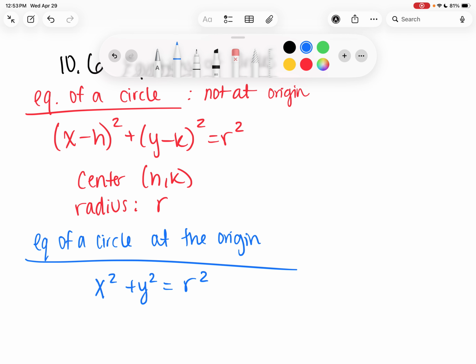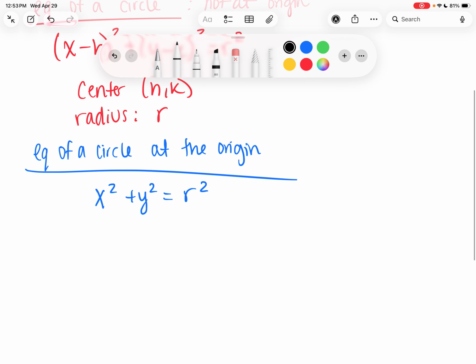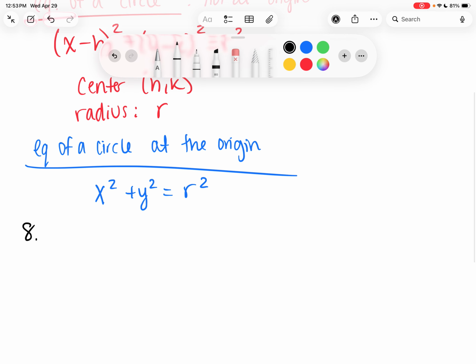So these first problems say give the center and radius of the circle. So they're going to give us an equation: x minus 5 squared plus y minus 1 squared equals 25.